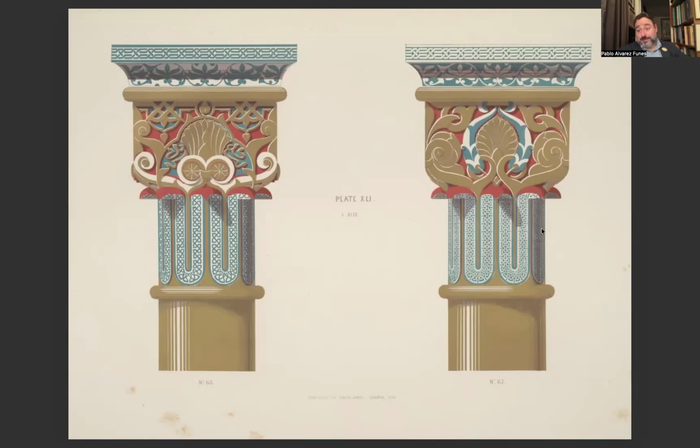There are other studies done in the late 20th century where they measure all the capitals and then they extract the proportions. And once you check that and you compare with the whole evolution of the capitals in Islamic Spain, you realize that these things that you are seeing there, guess what? They are composite capitals.